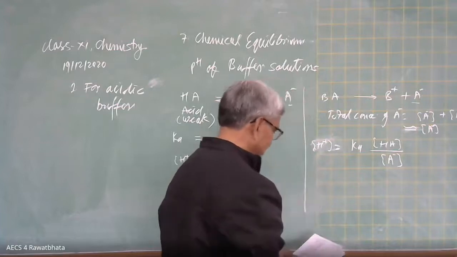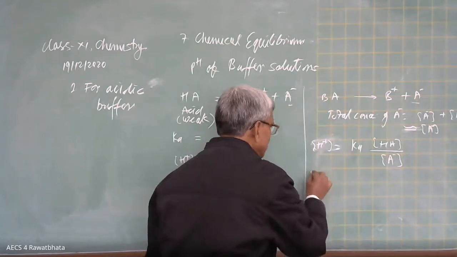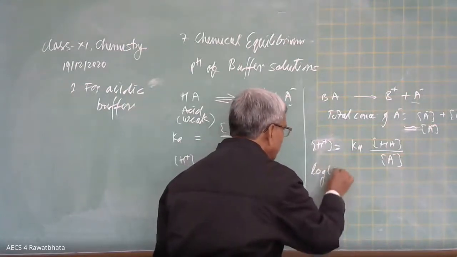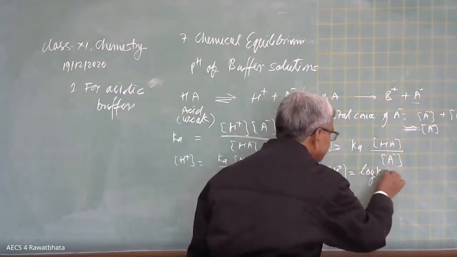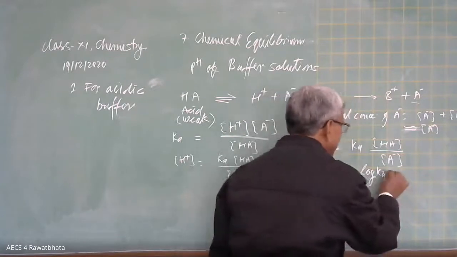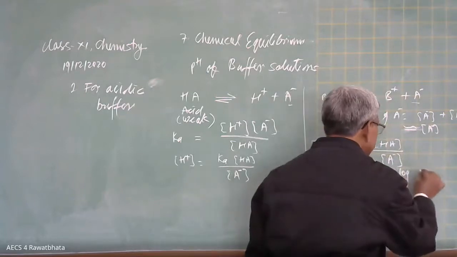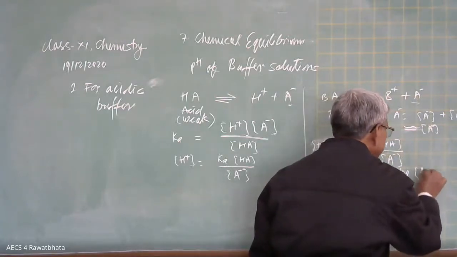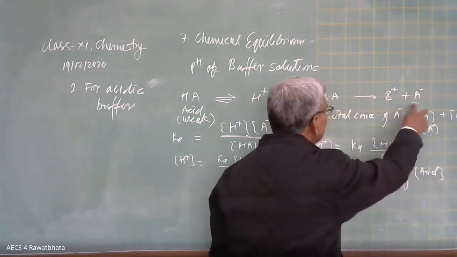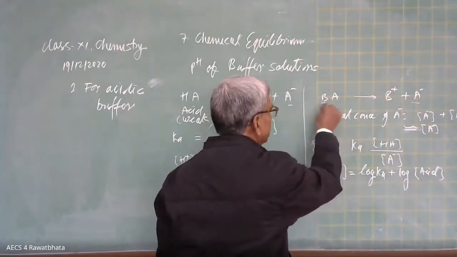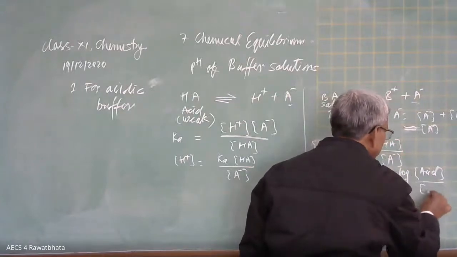Taking the log of this equation: log [H+] is equal to log Ka plus log of the acid, HA, divided by the molar concentration of the salt, the strong salt.